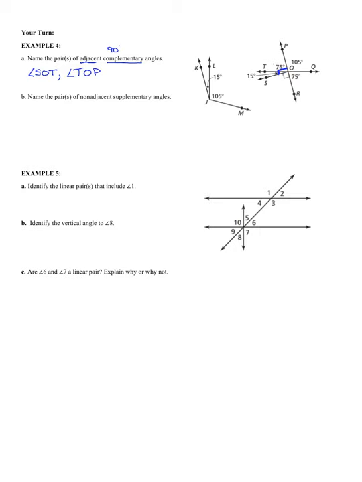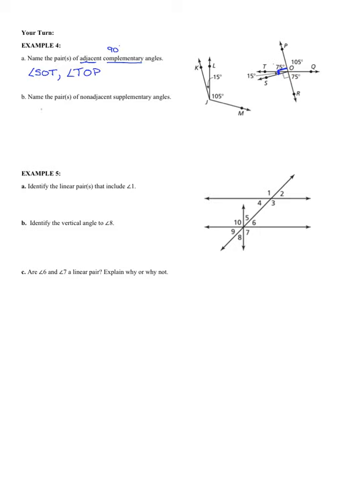So you didn't want to use QOR because it's not adjacent to the other angle 15. Now in part B, name a pair of non-adjacent supplementary. So let's see, 75 plus 105 does add up to 180, but we don't want them to be adjacent. So you have several possibilities here.